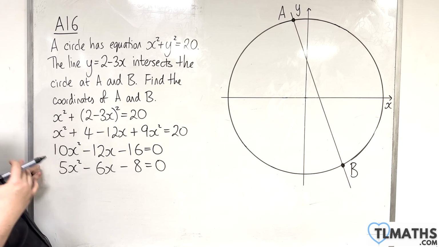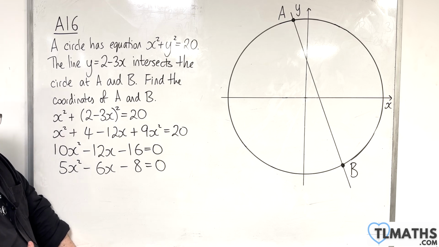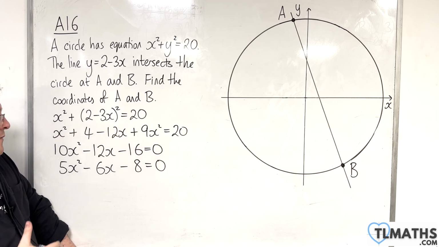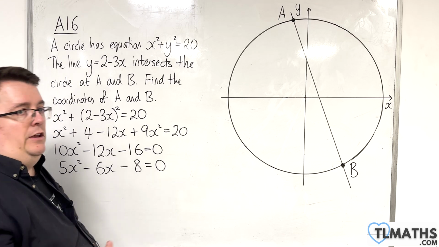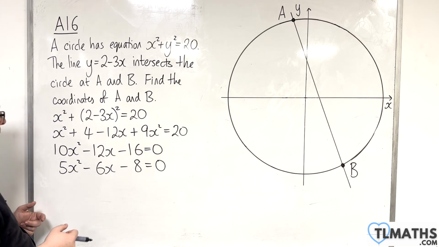Now, factorising really depends on your confidence in factorising a quadratic of this nature, of this format. So, I think what I'm going to do is use the quadratic formula rather than factorising. By all means, if you want to factorise, go ahead. I'm going to use the quadratic formula, just so we've got a little bit of variety in these videos as well.